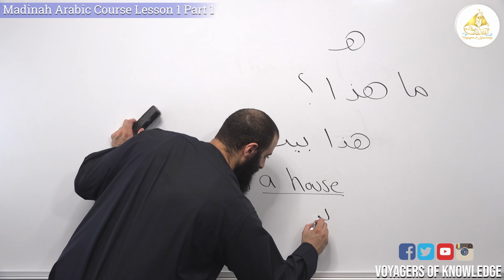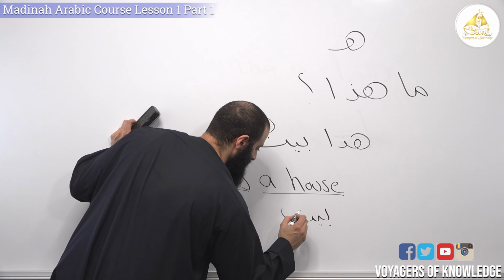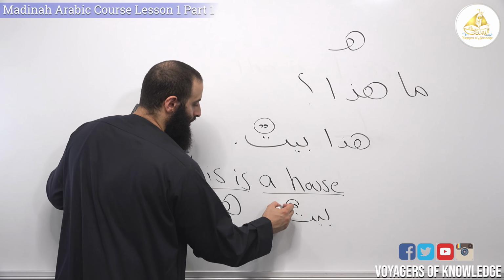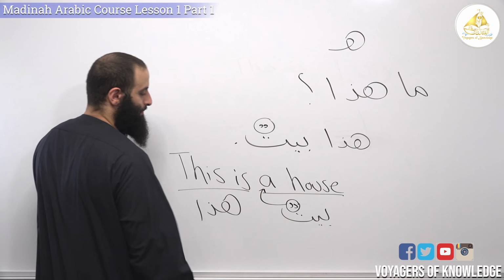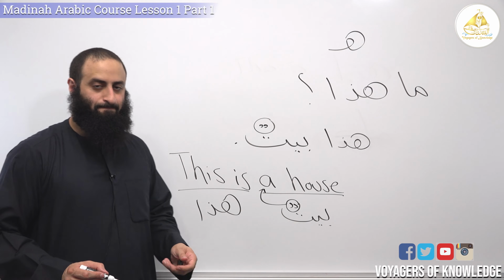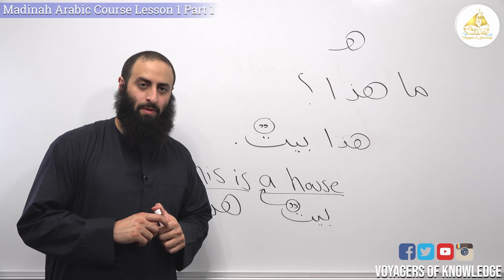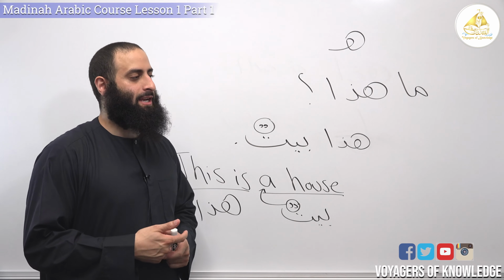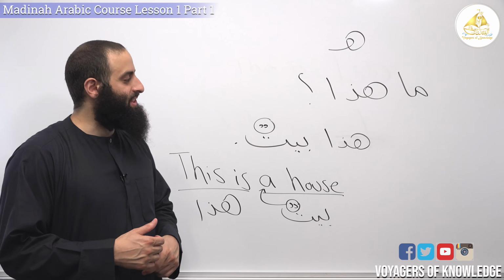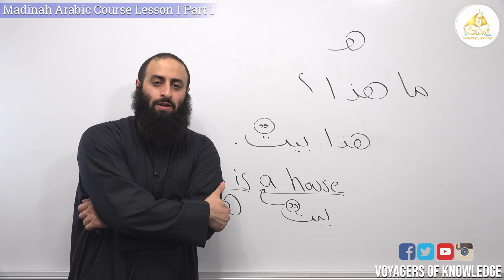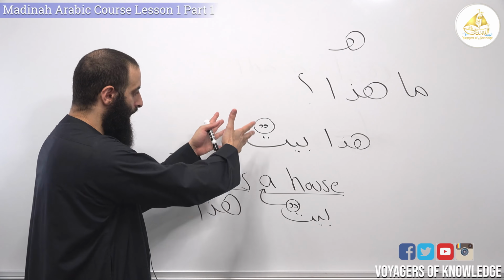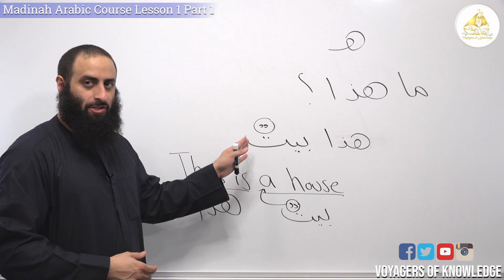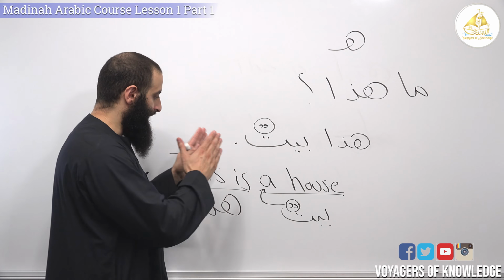This is baytun. The tanween is the A. Okay? Now, it doesn't apply to that when there are actual names like Muhammadun. You don't say, this is a Muhammadun. Okay? But for regular objects and nouns such as those, that's what it is.